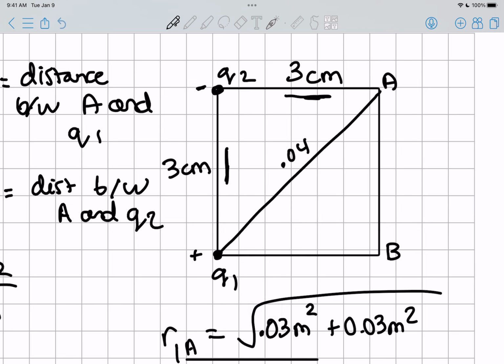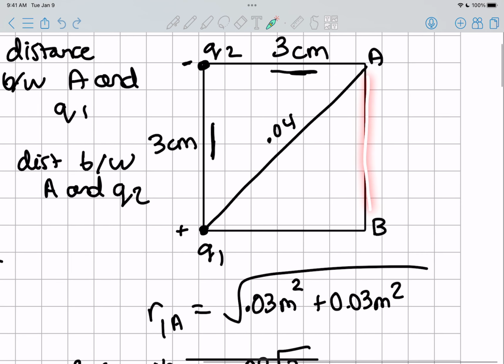What's the distance between B and Q1? Right here. 3 centimeters, right? So 0.03 meters. And B and Q2, this direct distance, is just going to be the same idea.